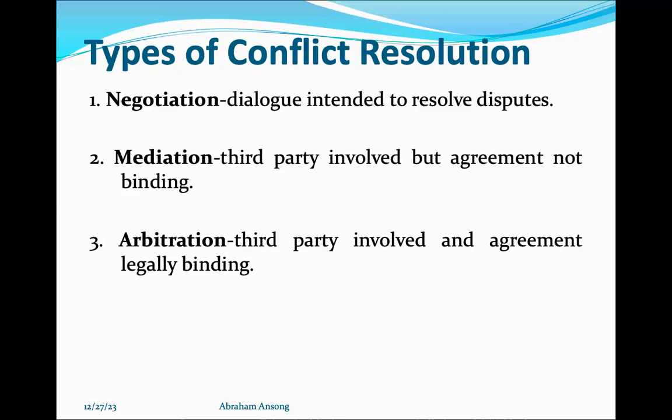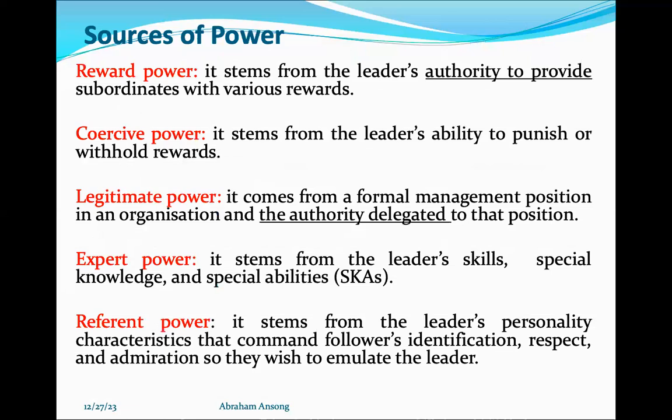So the third party can come and they will negotiate and agree on certain terms, but later on, one of the parties may decide not to honor that. But if it is arbitration, the agreement once reached has legal effect and becomes legally binding on the parties, and therefore they have to be honored. Okay, so that's the difference.